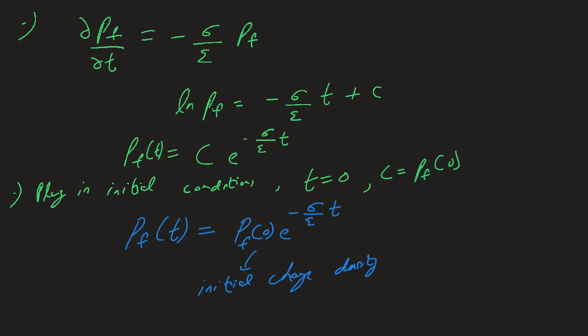And so in time tau, which is equal to epsilon over sigma, we have e to the minus sigma over epsilon times that time, so this becomes e to the power minus 1.